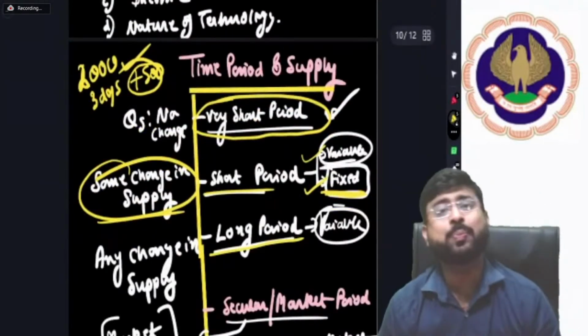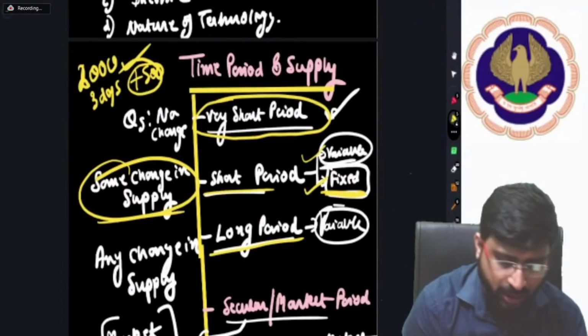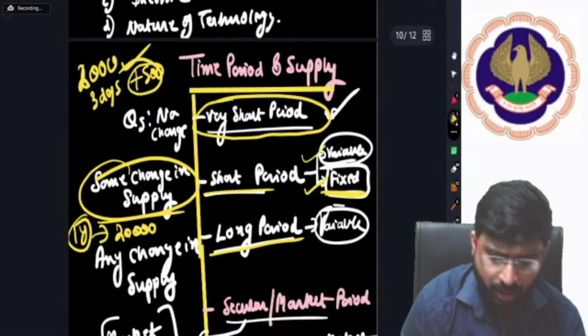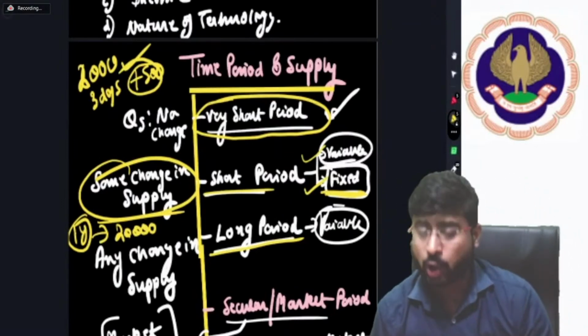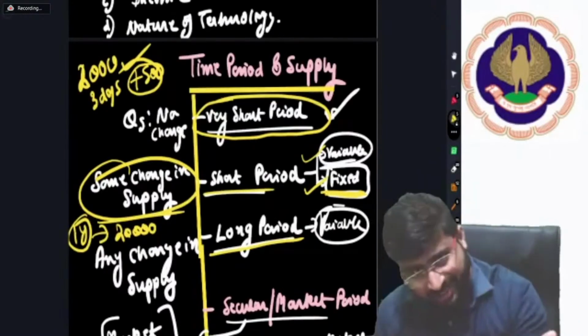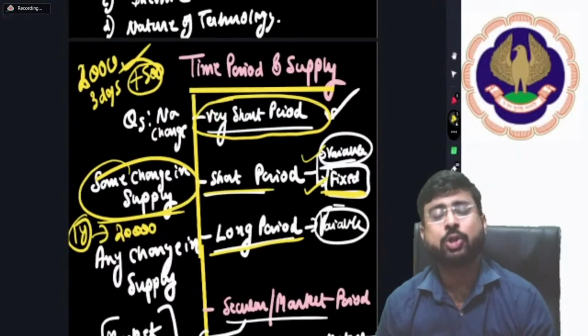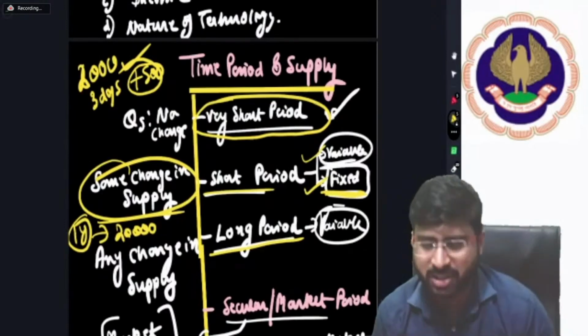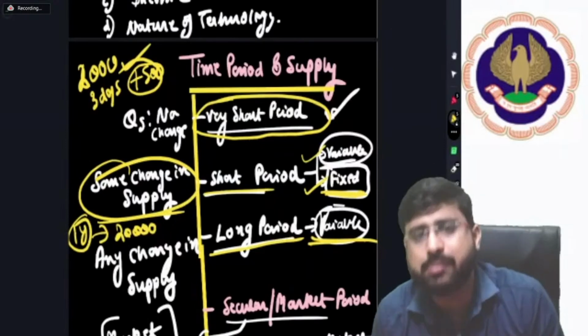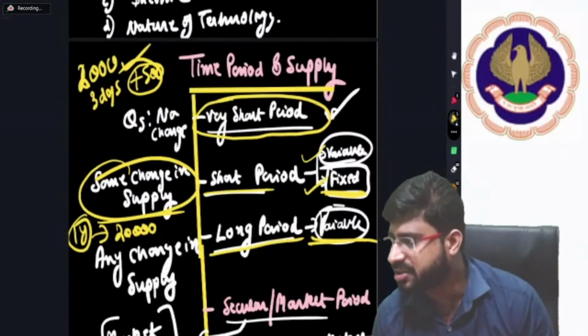If we talk about long period, suppose somebody gives me 1 year to manufacture 20,000 chips. Now it's clear, I can do that. Long period is a time period where I can buy new machines as well as hire new labor. So all the factors of production are variable here. Variable means they can be changed, increased or decreased.